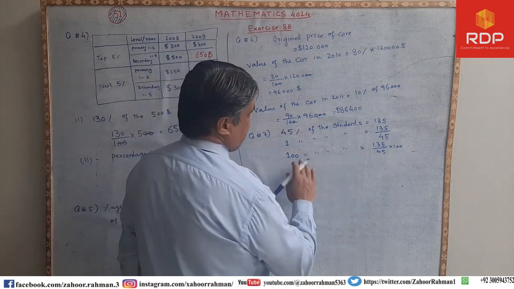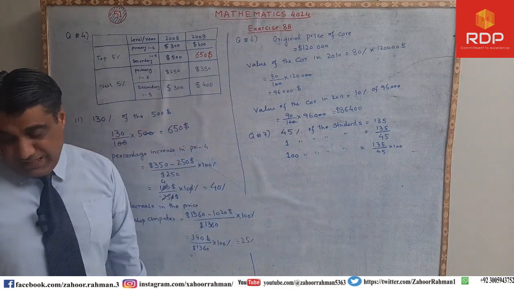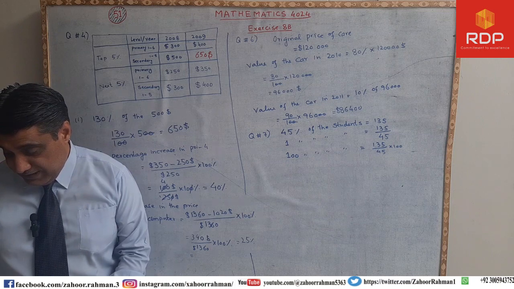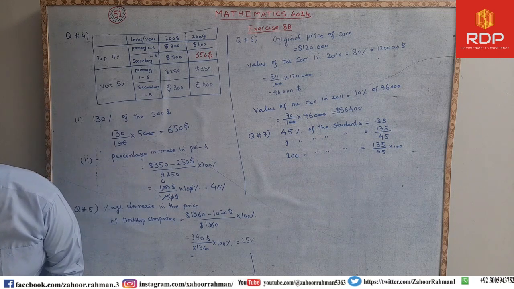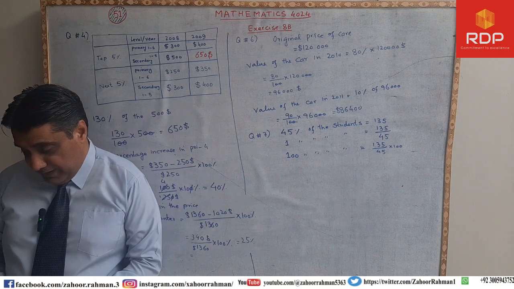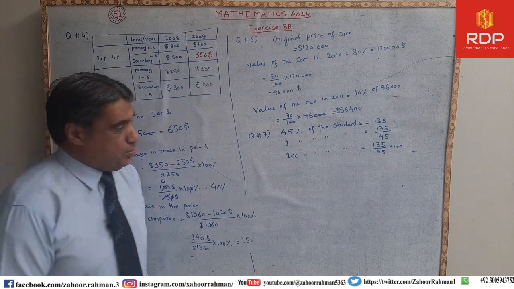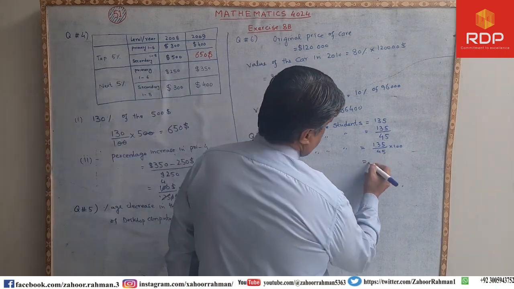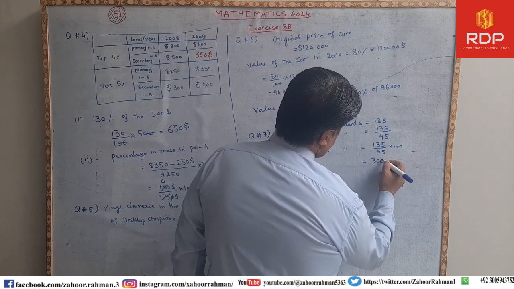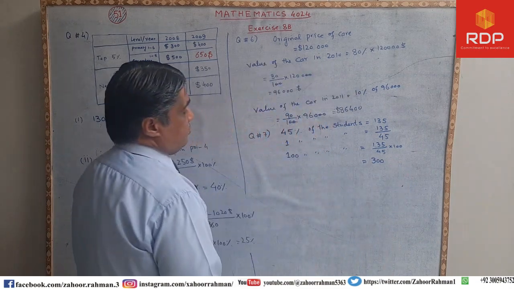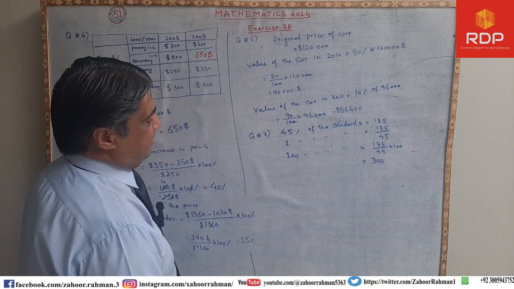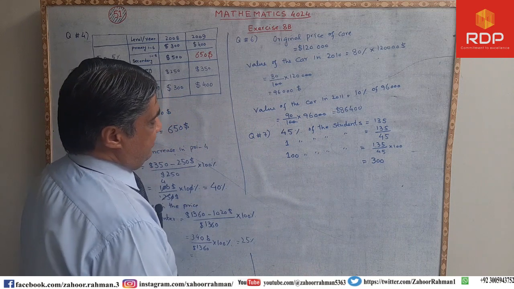It is actually percentage, but you don't have to write the percentage in this case. Similarly, it is coming out to be 300. So the original students, they were 300.